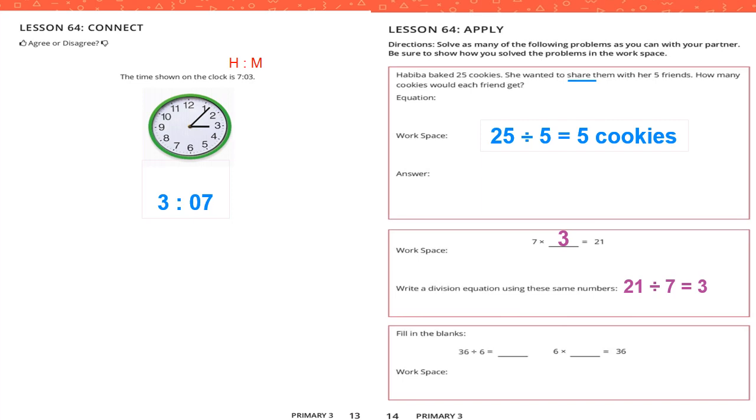Fill in the blank. You can complete it. It's very easy. 36 divided by 6. If I told you 6 times what equals 36? 6 times 6. 6 times what is 36? Yeah, it's 6. Okay.